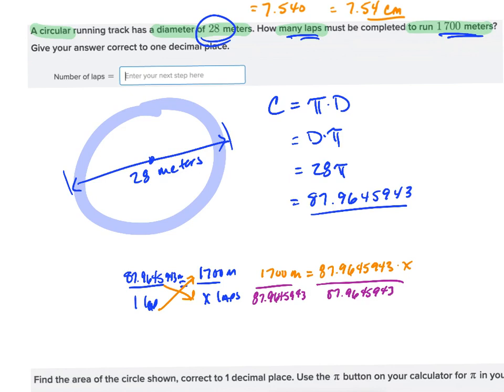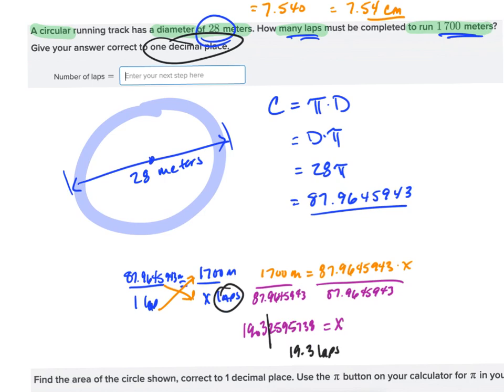Okay, and that's going to mean that x equals 19.32595738. Okay, so if we round to the nearest one decimal place, that's going to give us 19.3 laps. Because remember, that's what we were trying to figure out: how many laps.